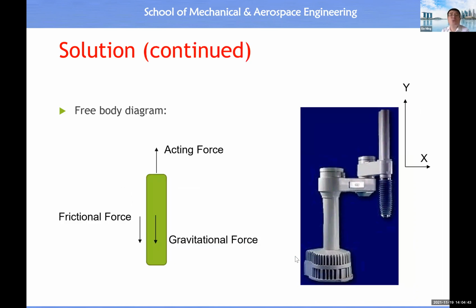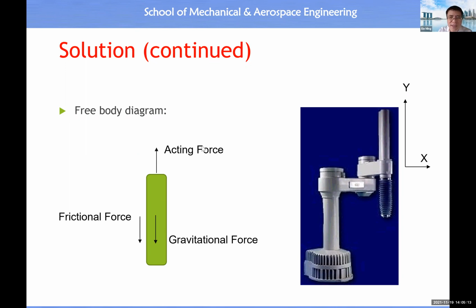The second step is to draw the free body diagram. For any mechanical system, in order to derive a dynamic equation, this is a common practice. Regardless of the complexity of a mechanical system, we always treat it as a set of rigid bodies. Then for each rigid body, we draw the free body diagram and apply Newton's second law. In this case, we identify all the forces which contribute to the vertical motion.